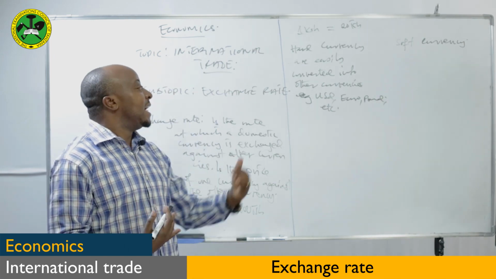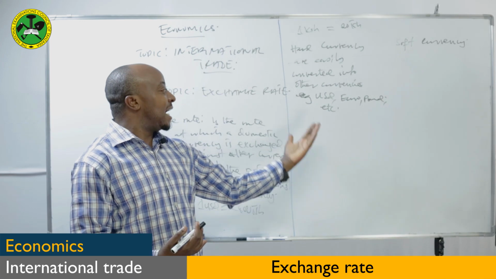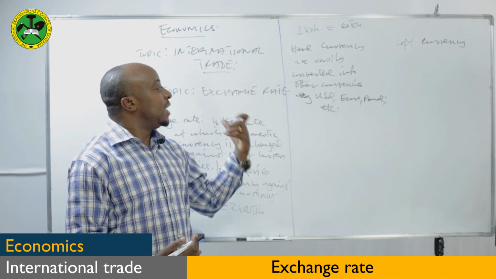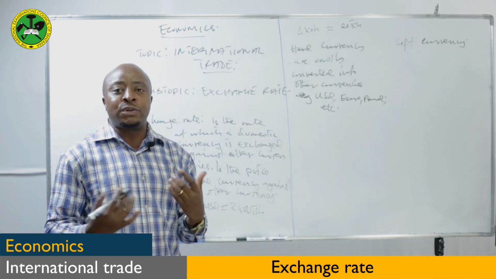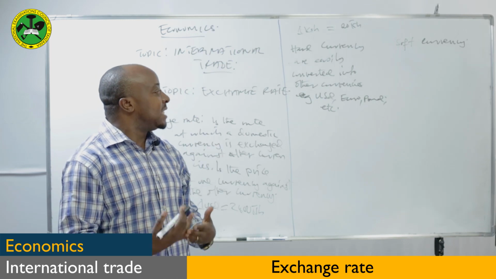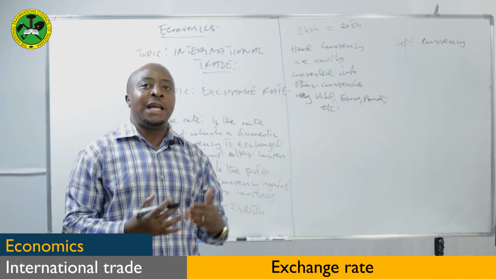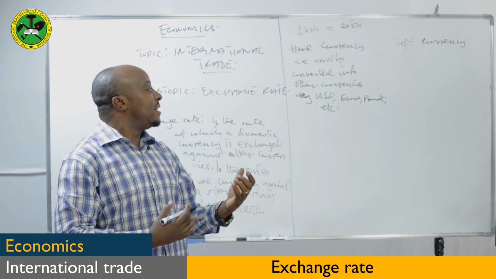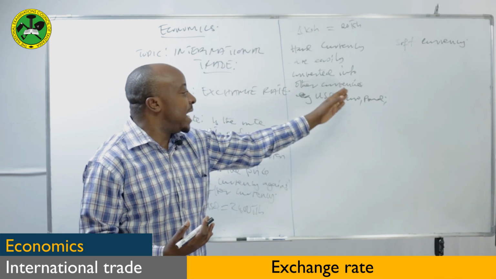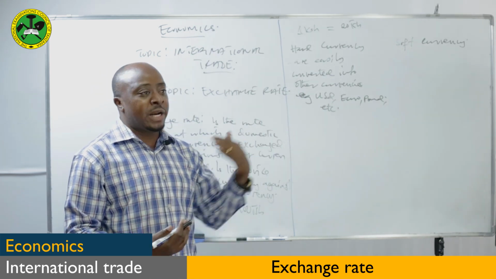Then we say these are called the hard currencies. They are very common, and they are mostly used in international trade, because countries find it the easiest way to exchange their currency. So they use this form of money because it is easily convertible from one form to another.